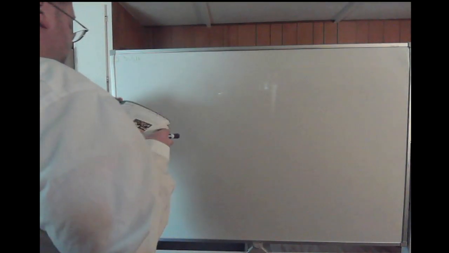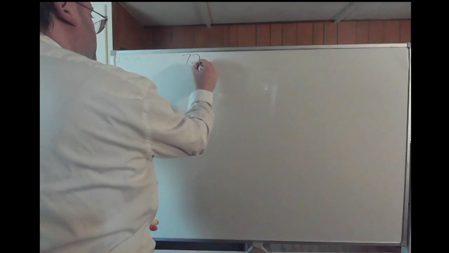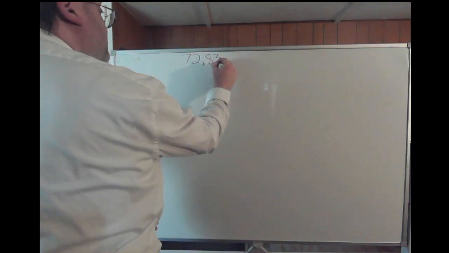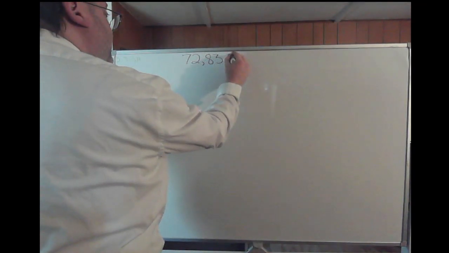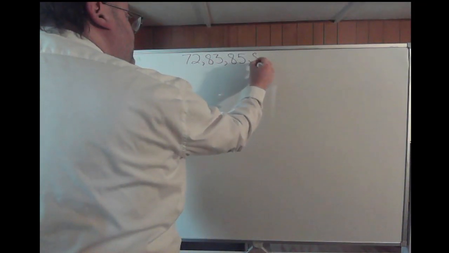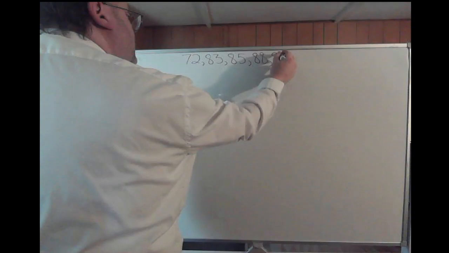Let's say we have a list of numbers here. We have 72, 83, 85, 88, and 92.